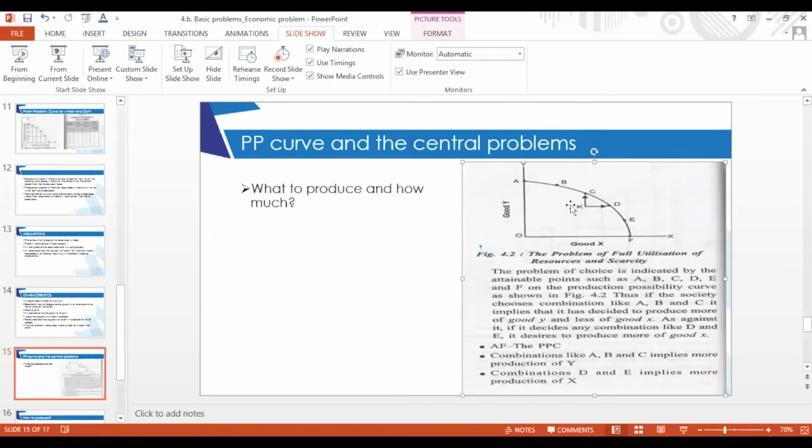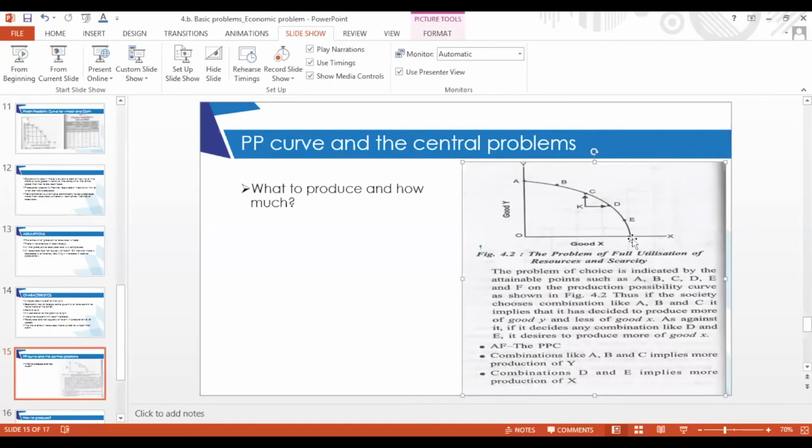So you have to increase their efficiency. You have to maximally utilize it so that either from K you can go to C, or from K you can move to D. Only when you come on these points will efficient utilization take place, right? So this answers your question, what to produce and how much to produce. To come on this PP curve, right?